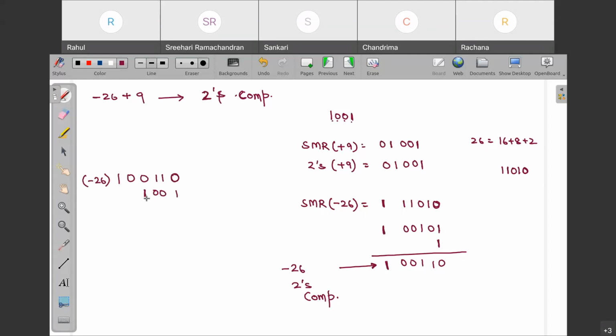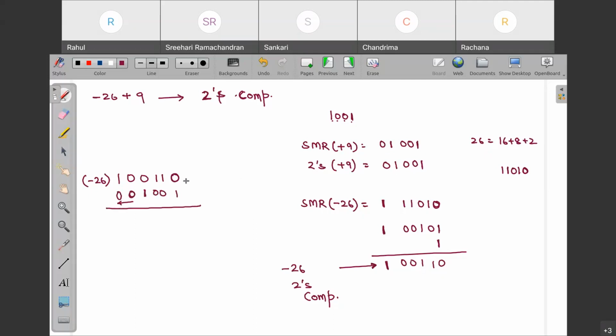Whenever there is bit mismatch, remember to copy the sign bit. Okay, don't put zeros. You need to copy the sign bits over here. Plus 9 I had to represent, so the sign bit over here is 0. So you need to copy this further.